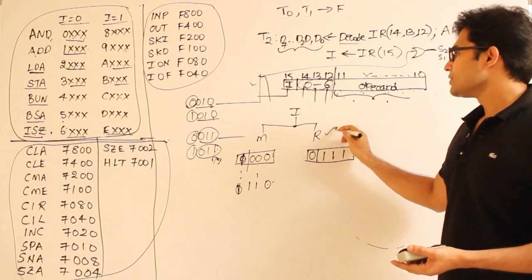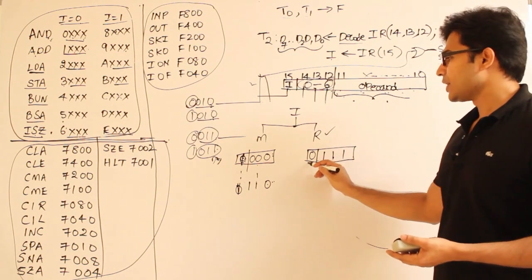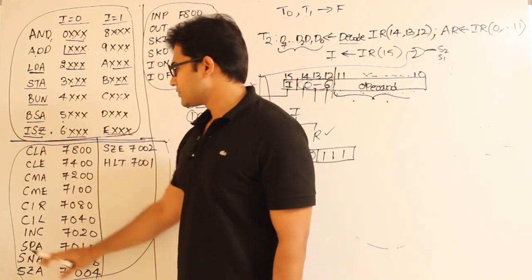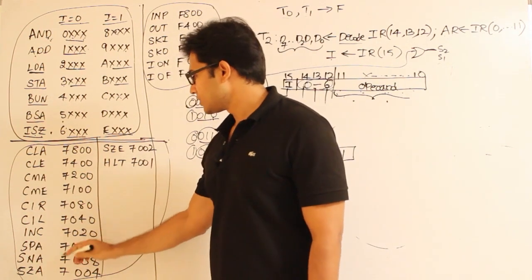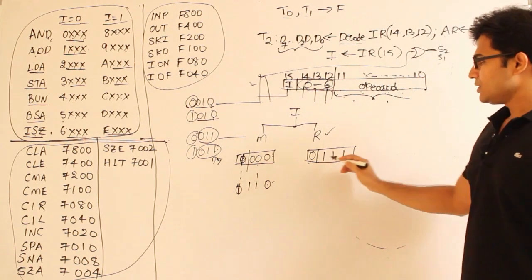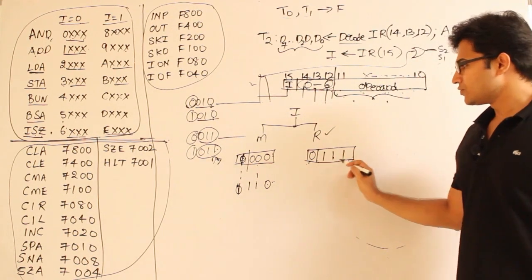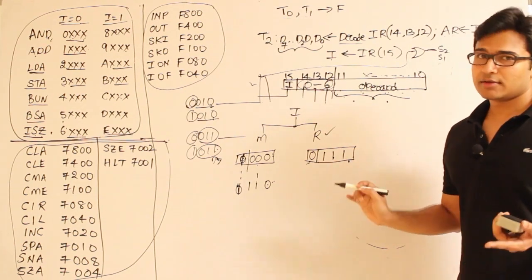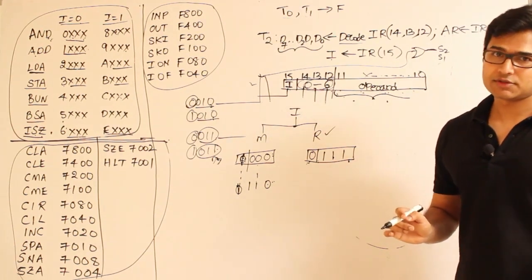Therefore all the register related instructions will have 7 in the beginning. You can check this. And this part will be helpful in identifying that yes, this is a register related instruction.